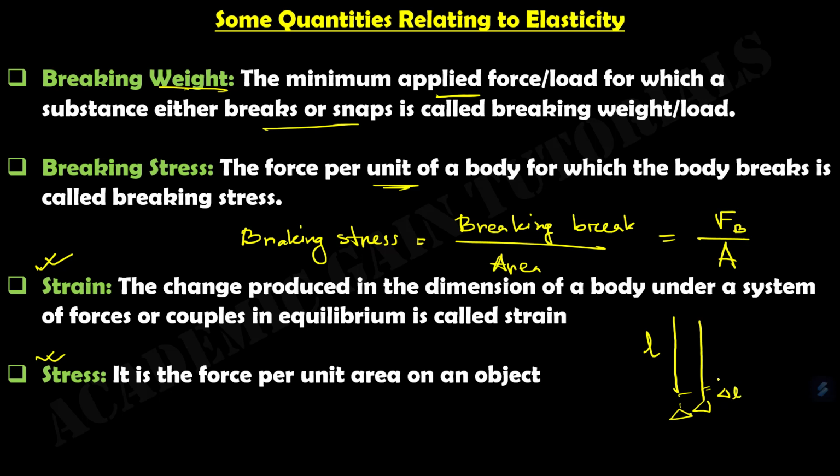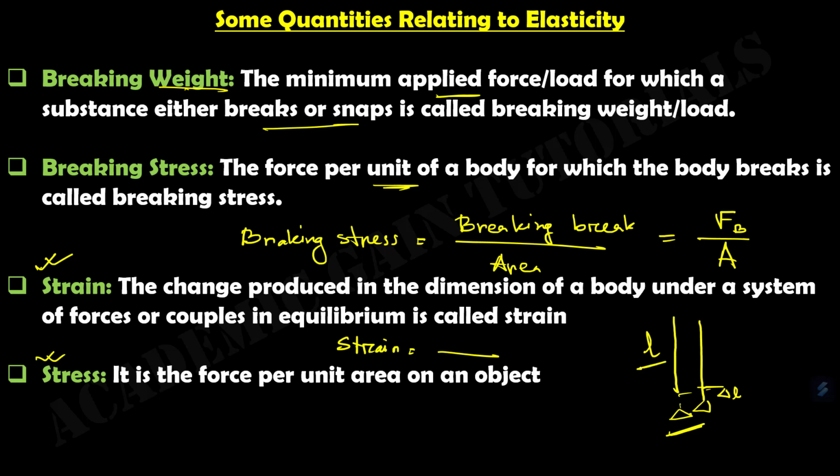So strain is the change produced in the dimension of a body. The length dimension is changed due to this force, under a weighted system or couples in equilibrium. For strain, we write the equation as the changed dimension, the increase in length, divided by the original length.